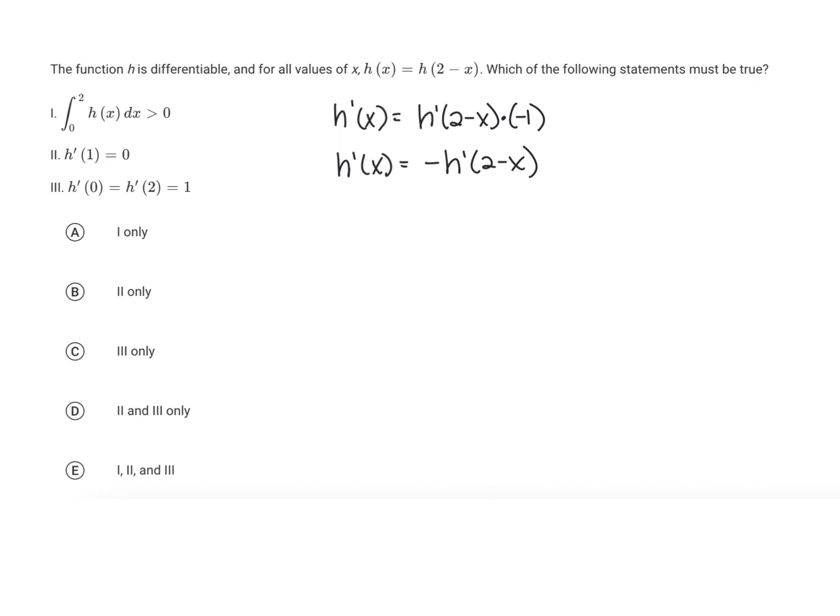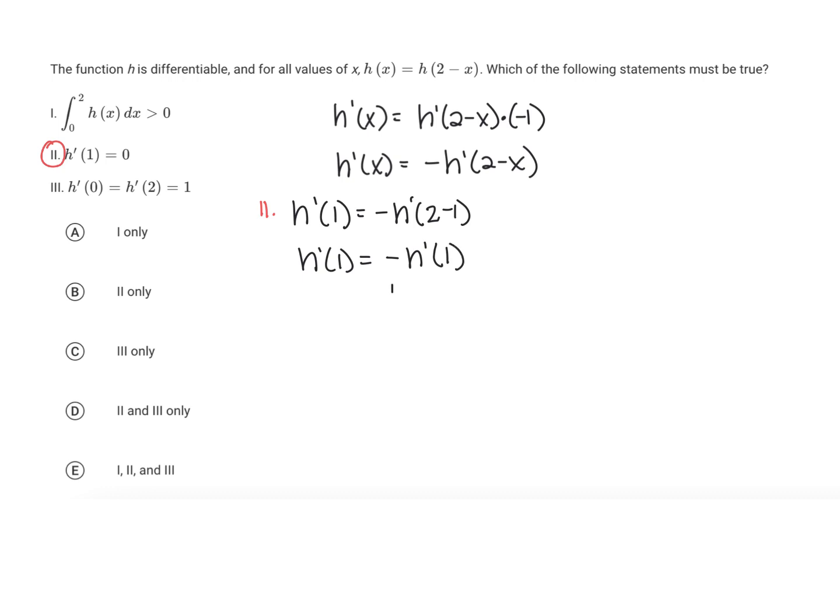So let's go through that. I'm going to start with condition number 2. If we look at condition 2, it says h prime of 1 equals 0. Well, let's substitute in 1: h prime of 1 equals negative h prime of 2 minus 1. If we simplify this, we get h prime of 1 equals negative h prime of 1.